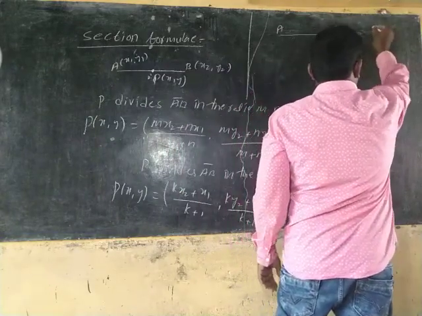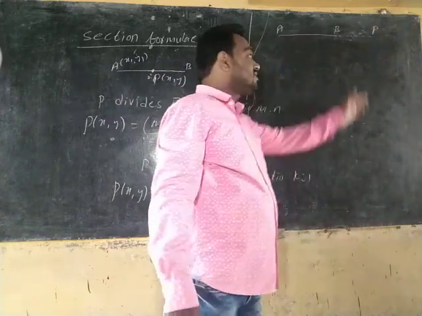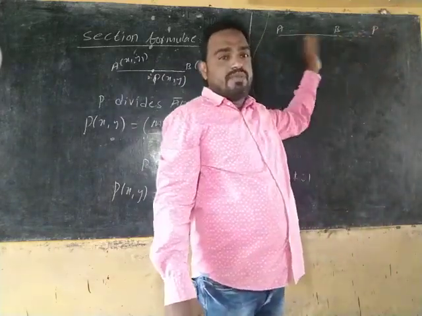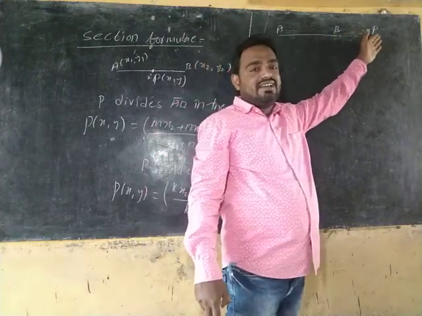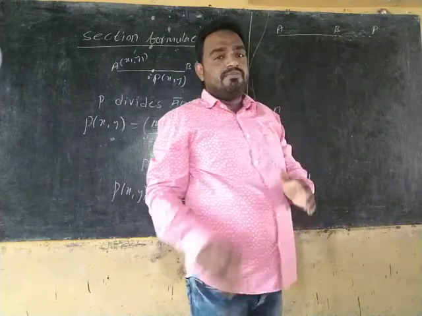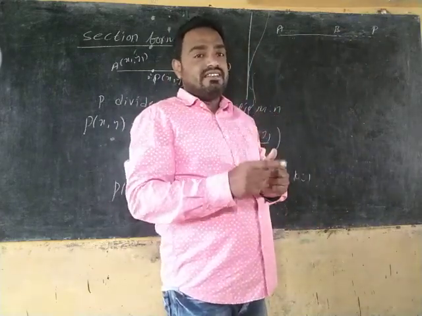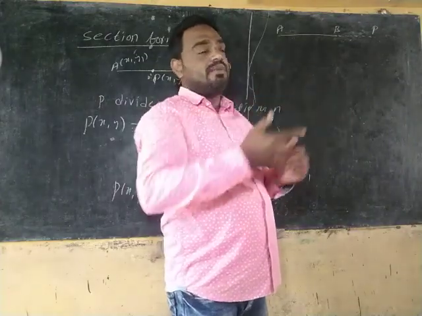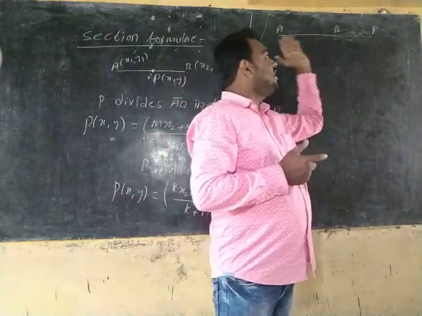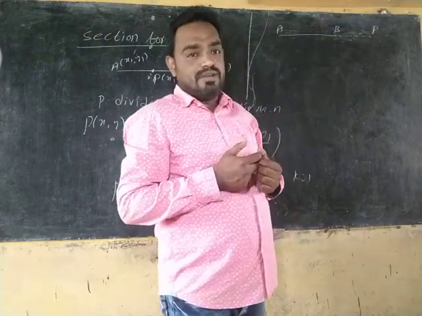If P lies on this extended line segment of AB, then P is called the externally dividing point.